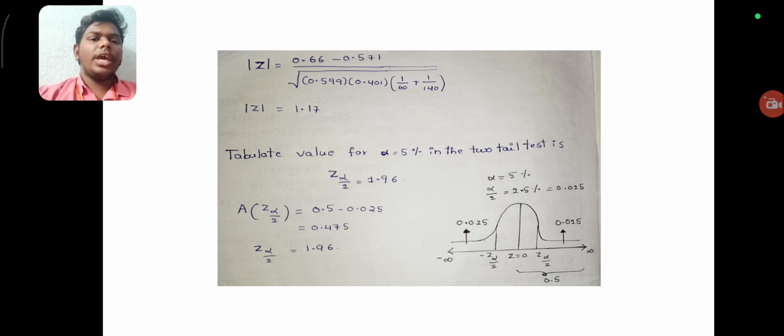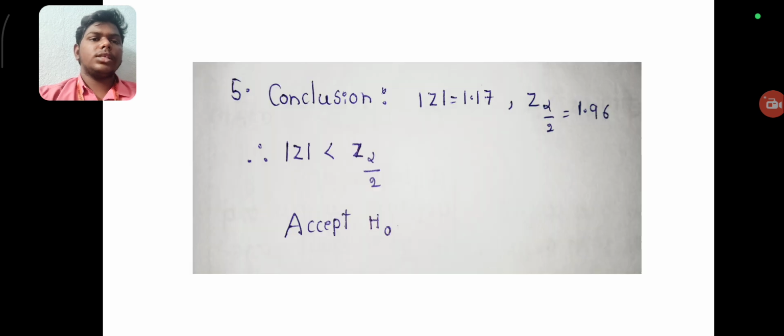So A of Z alpha by 2 equals 0.5 minus 0.025, that is from 0 to Z alpha by 2, which equals 0.475. So Z alpha by 2 equals 1.96. So the tabulated value for significance level 5% is Z alpha by 2 equals 1.96.